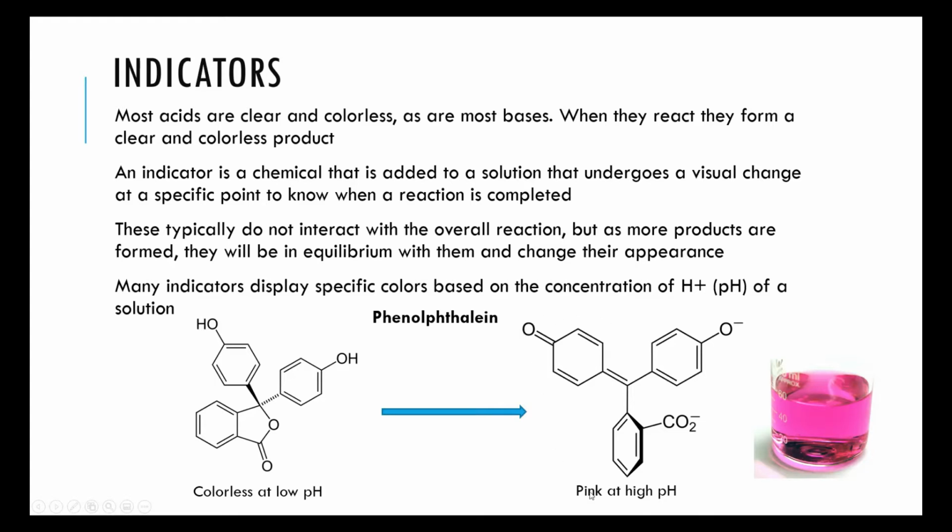If you look at the chemical structure of this indicator molecule at a high pH, there is conjugation, an alternating single and double bond sequence throughout the whole structure.